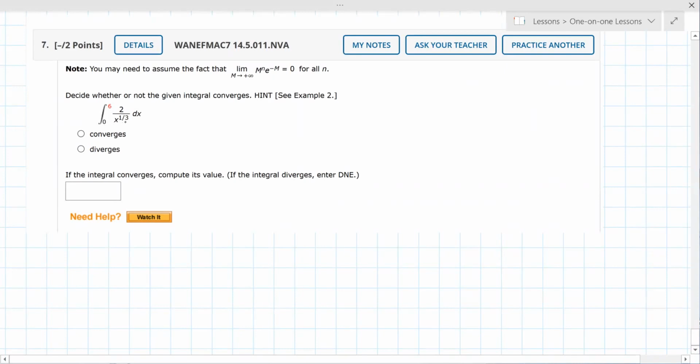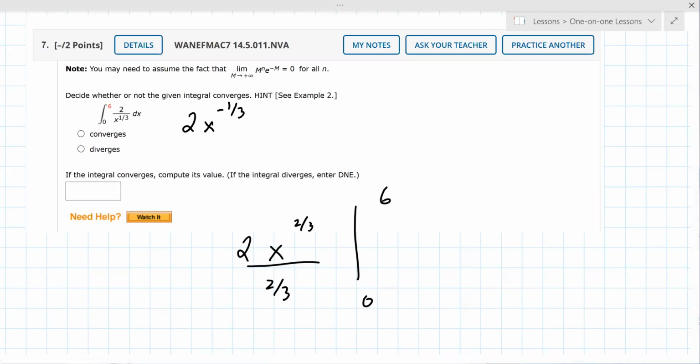But that doesn't mean the antiderivative is undefined. So this is 2x to the minus 1/3, but the antiderivative is 2x to the 2/3 over 2/3 here, and that is okay at 0. So sometimes you just have to try it and see if you get something that works here.